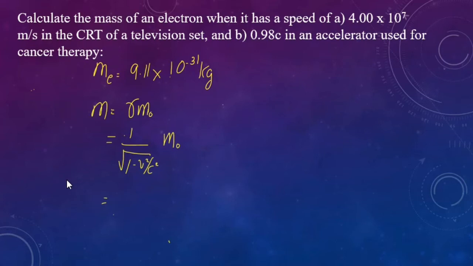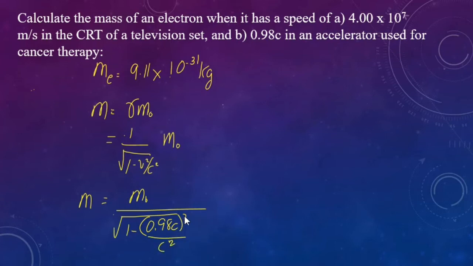Now for (b), the mass again is gamma m naught, so that is m naught divided by square root of 1 minus (0.98c) squared divided by c squared. We can cancel out c squared.